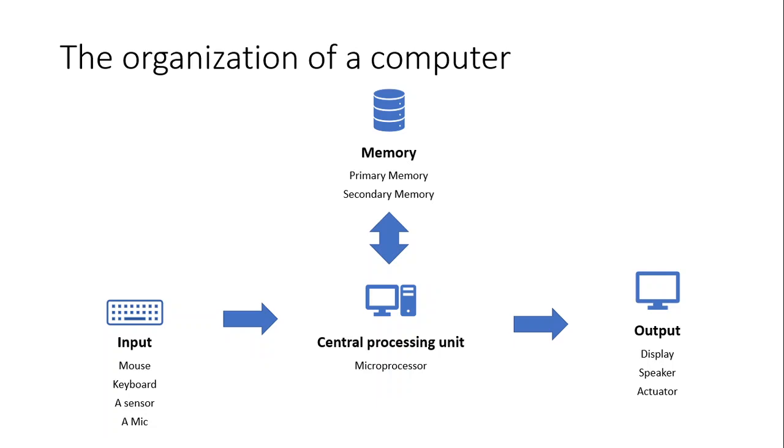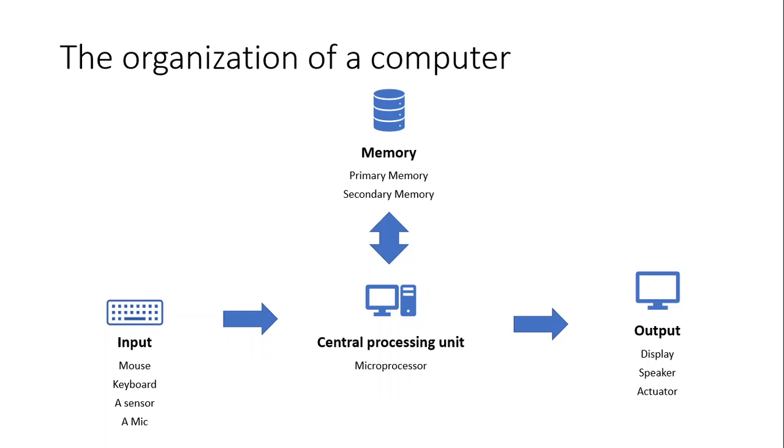Now this is data. Computers process this data, and once they process this data, they give you information. So a computer takes data as input and gives information as output.